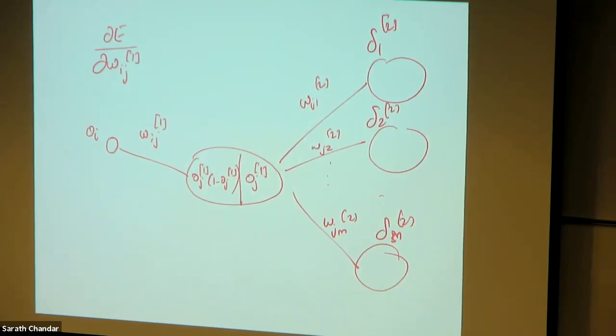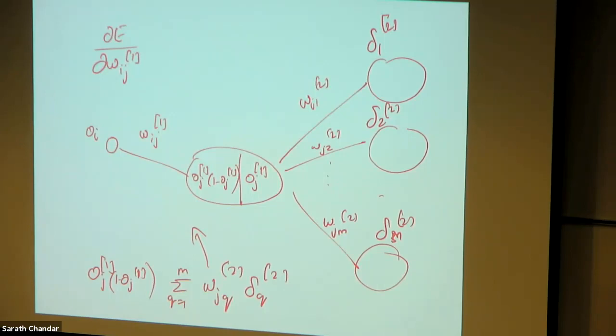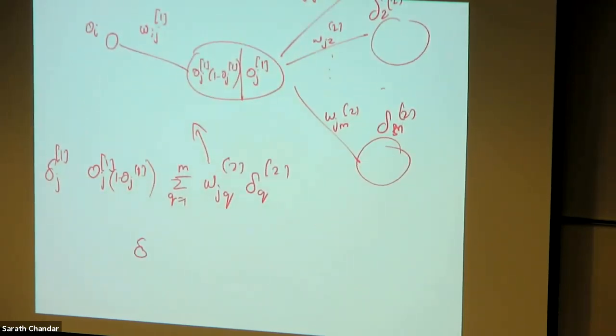The backpropagated error up to this part is given by the summation over q equal to 1 to m of Wjq of 2 times del q of 2, which is integrating all the dels, and then multiplying it with Oj of 1 times 1 minus Oj of 1. Is that clear? So we're going to call this whole thing del j of 1. Now, ∂E/∂Wij of 1 is given by del j of 1 multiplied by Oi.